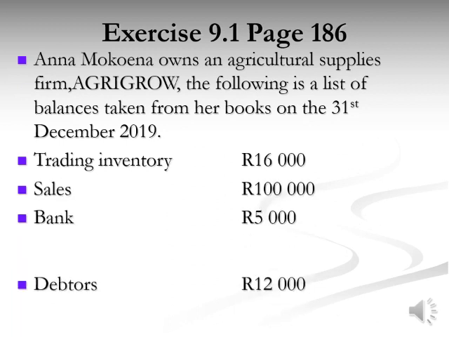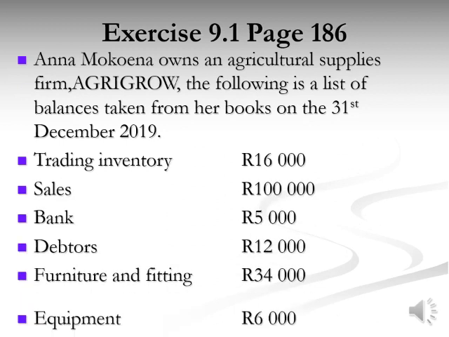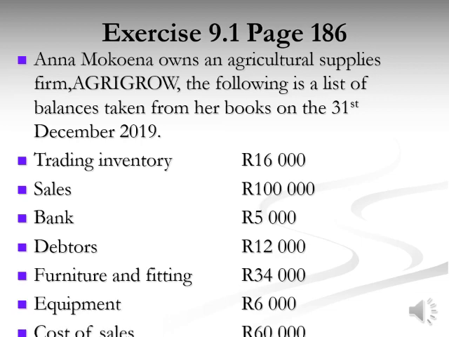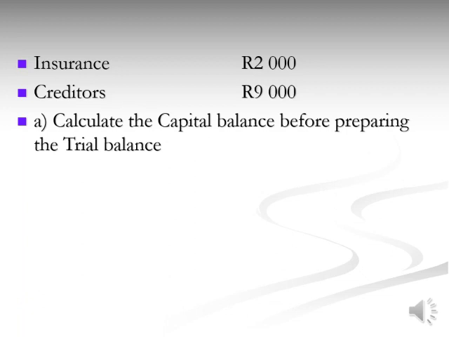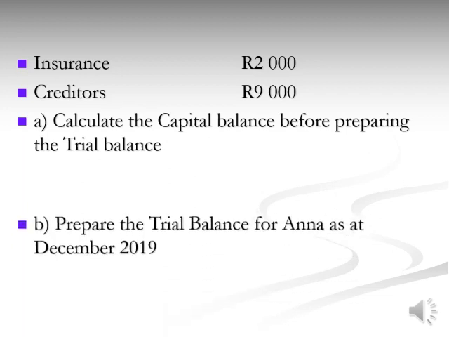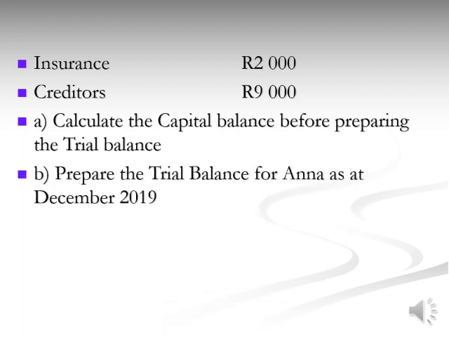But the most important thing here for us to note now is that the question we have there is saying, firstly, A. If you look at A there, I'll just quickly move my slide. A says here, calculate the capital balance before preparing the trial balance. So here, we are not given the capital amount, but remember, there is no business that starts without capital. So capital is always there.